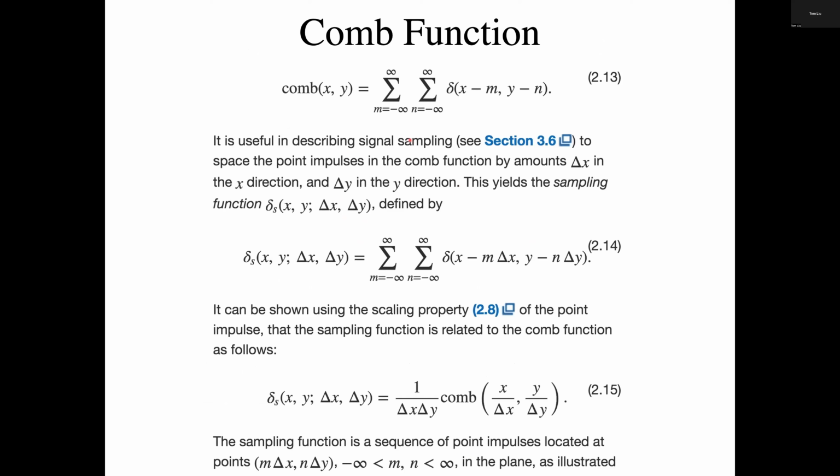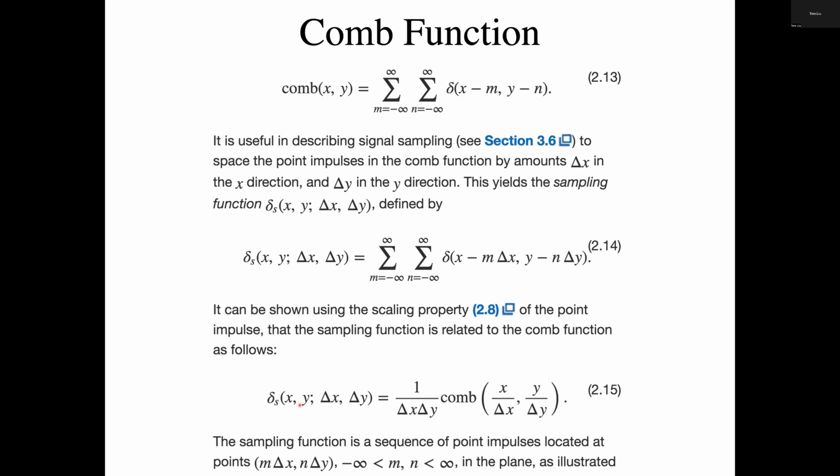You can create a comb function in 2 dimensions, right? Quite simply, just by having a 2-dimensional delta function in the argument and summing up all of these delta functions that are separated in delta x and delta y. And so we'll call this the sampling function.